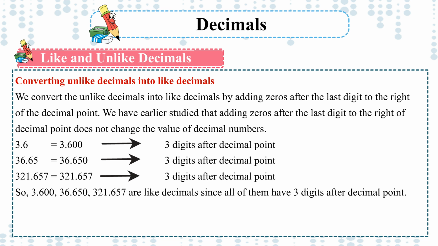So, 3.600, 36.650, 321.657 are like decimals since all of them have three digits after the decimal point.